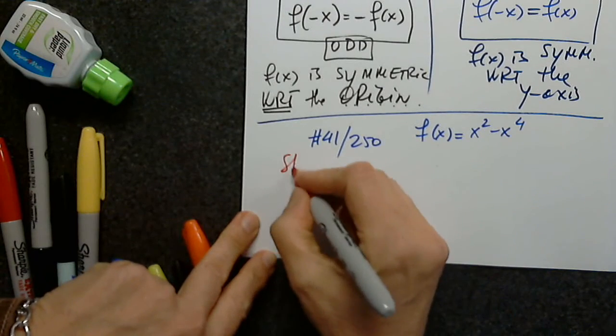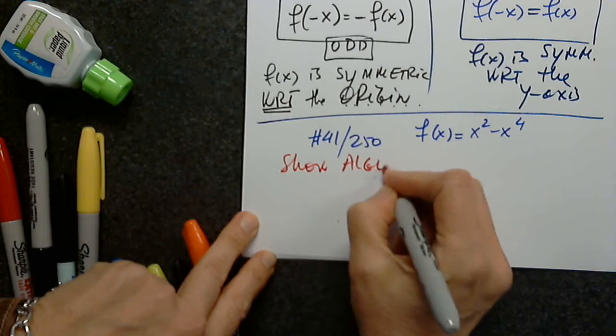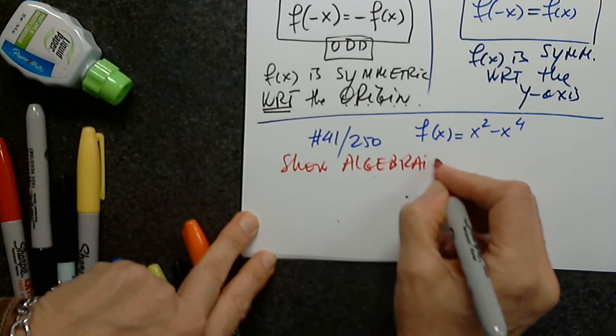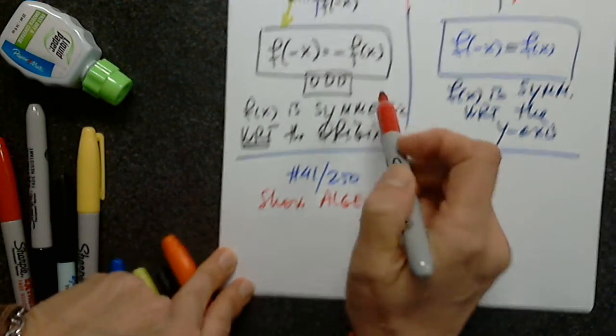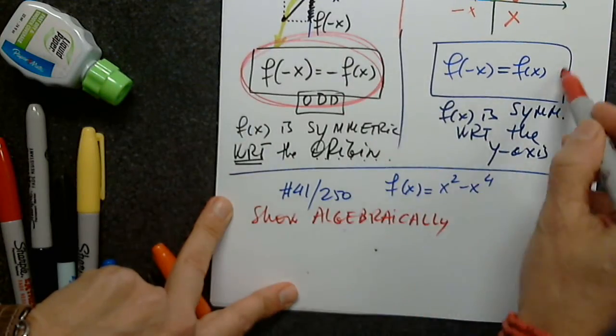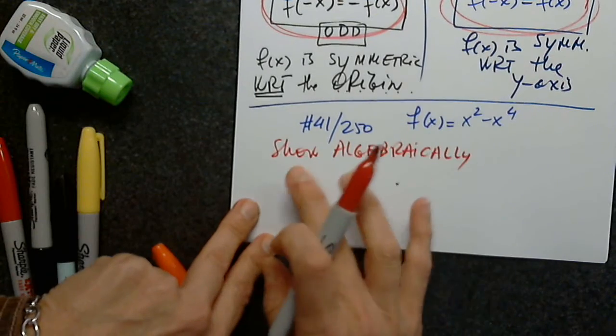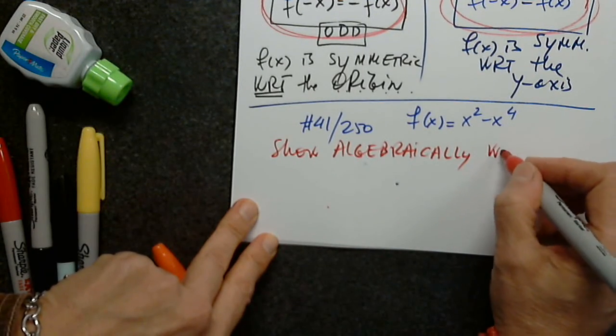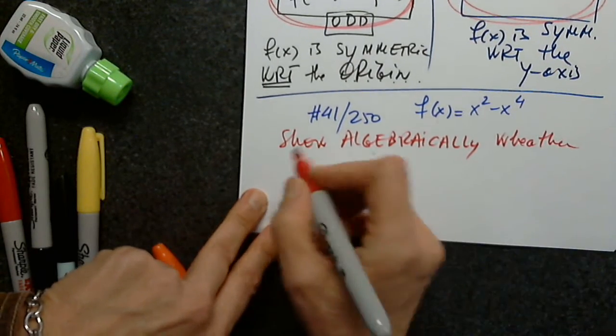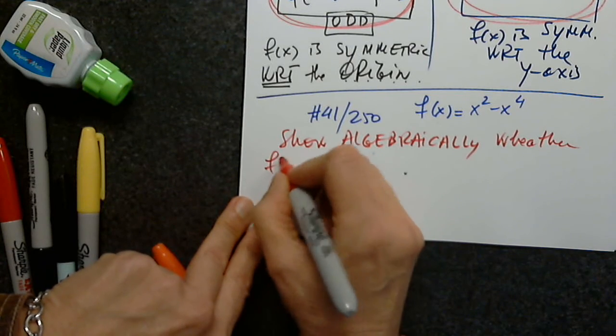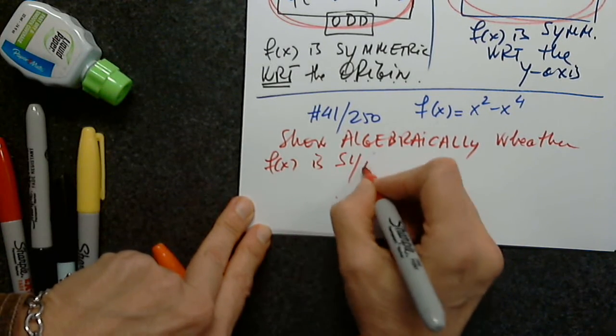We are told show algebraically, meaning use this relationship and use this relationship. That's what algebraically means. Don't graph. Show algebraically whether f of x is symmetric.